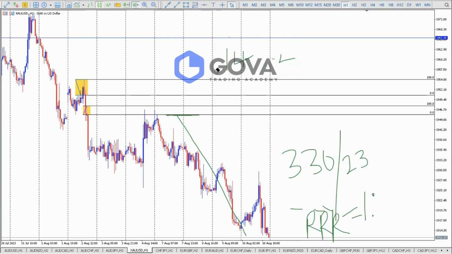So it means that on this gold trade, we have a massive 1:14 as a reward. Imagine risking $10 on this zone.